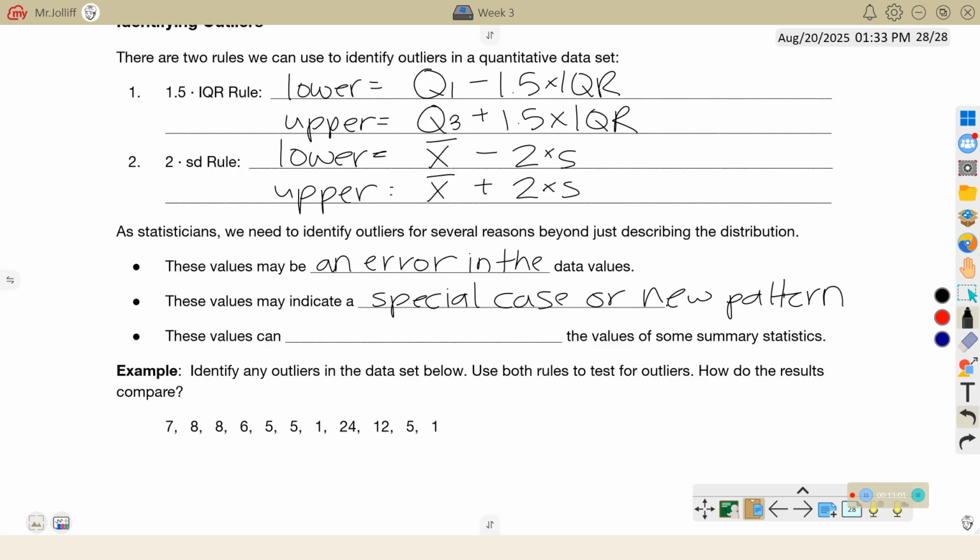In that normal distribution, most people are within 2 standard deviations, but those tails go out really, really far. So it's not totally unheard of to have someone that's way out here. They're just a special case. They're an exception to the rule. That can happen. They may be part of a new pattern. We just haven't seen data up there before, and there's a new pattern emerging in my population.